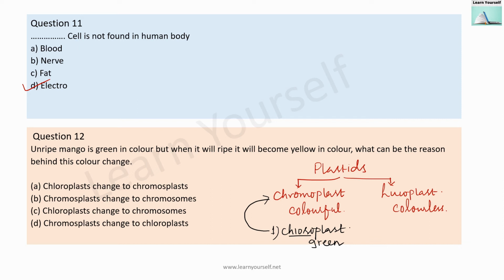So it depends upon the fruit or the vegetable which color it will get after ripening. And that color change is because the chloroplast pigment has been converted into chromoplast pigment. So our correct option here is chloroplast has changed to chromoplast. So option A is the correct option here.